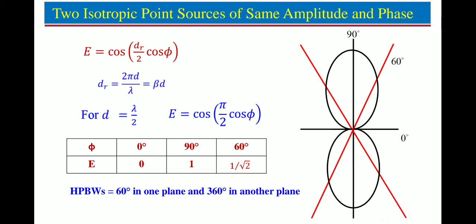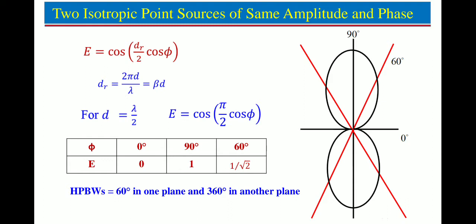So here are two isotropic point sources of the same amplitude and phase, as you can see in this figure. For that we consider the electric field E equal to cos of dr by 2 cos phi, where dr is nothing but 2 pi d by lambda, that is beta d.